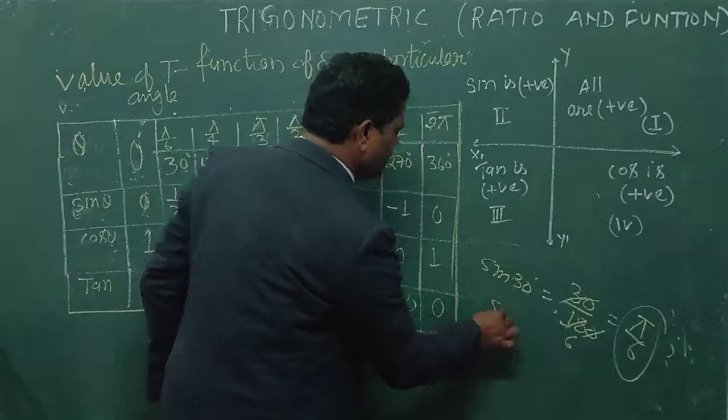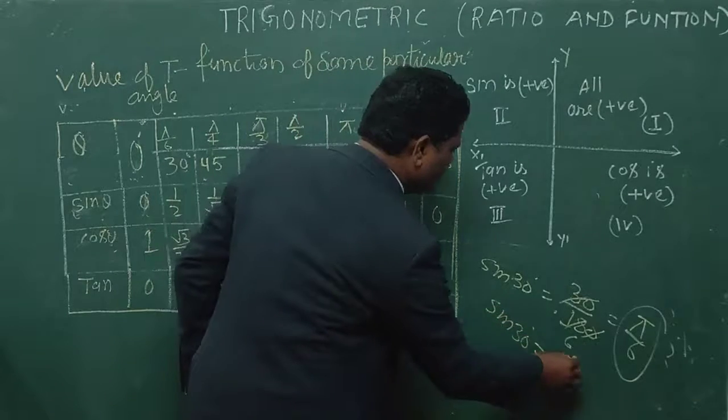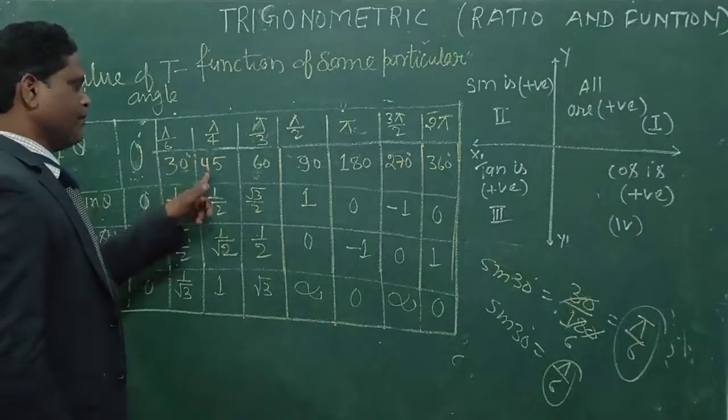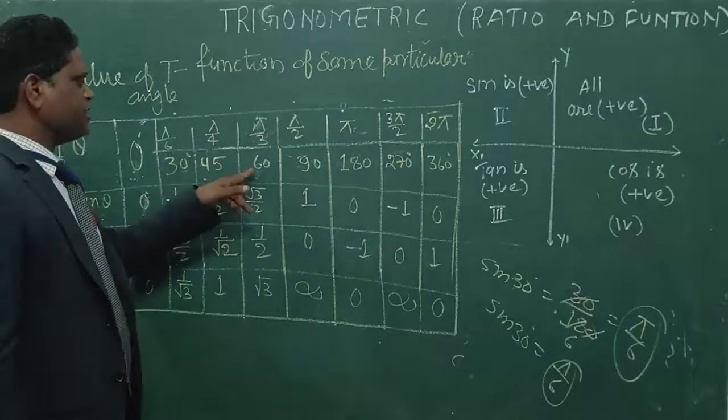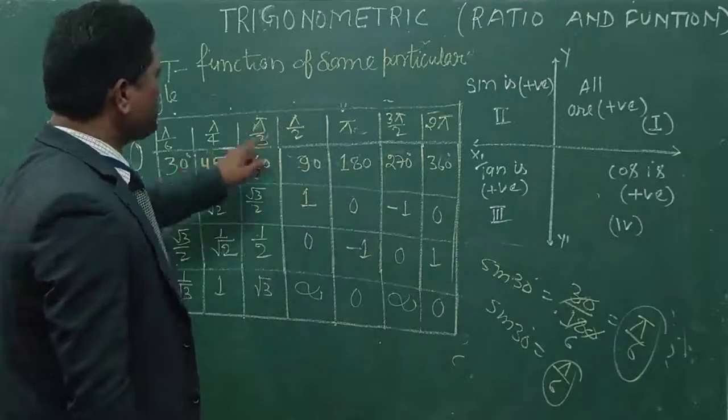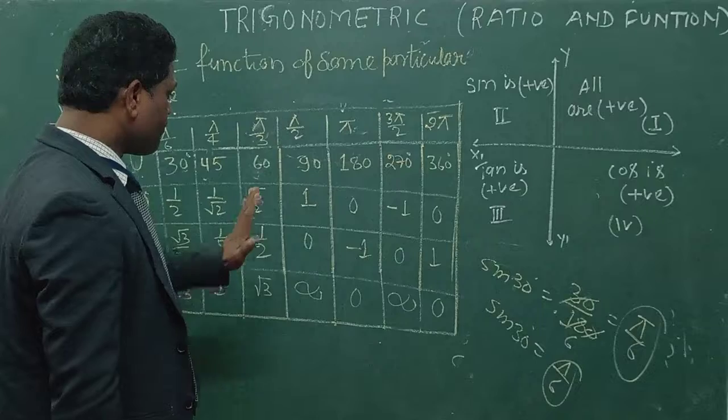Sin 30 degree is pi by 6, pi by 4 is 45 degree, pi by 3 is 60 degree, pi by 2 is 90 degree, and pi is 180 degree.